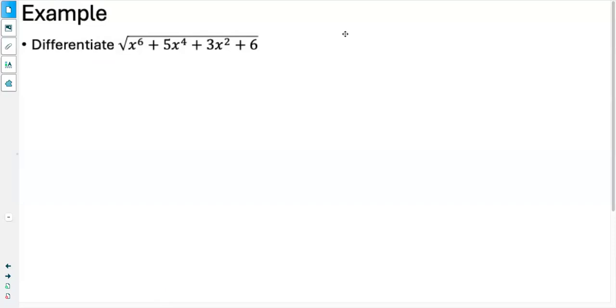Because essentially on that previous page, if we had d over dx of the square root of f of x, we know that that's equal to 1 over 2 square root of f of x times f prime x, or derivative of f of x.